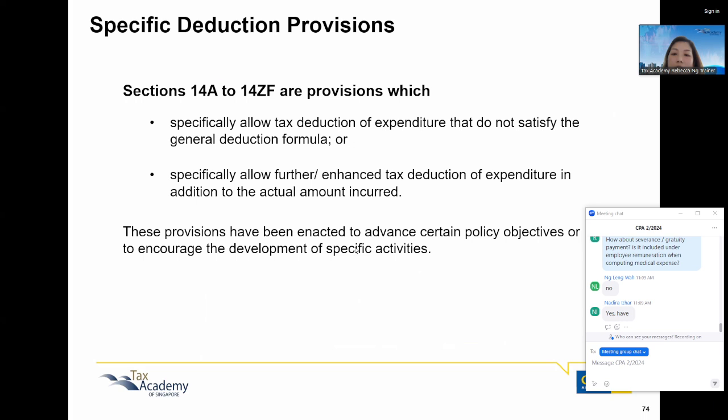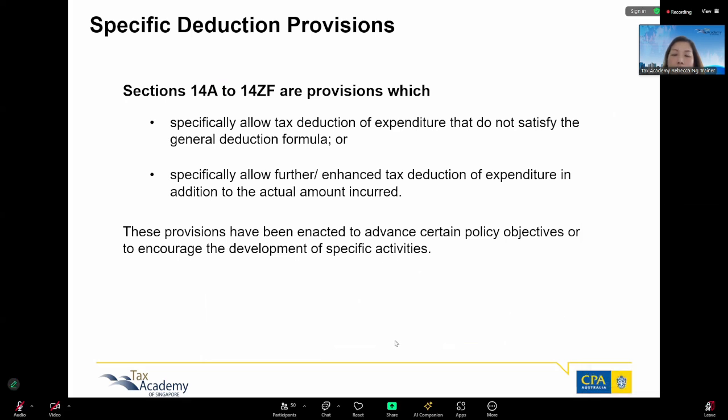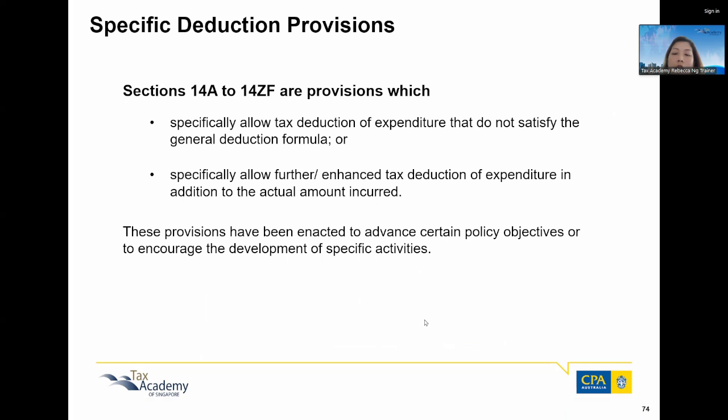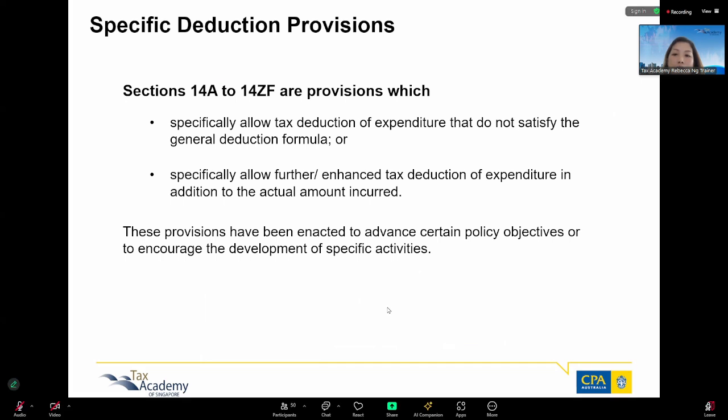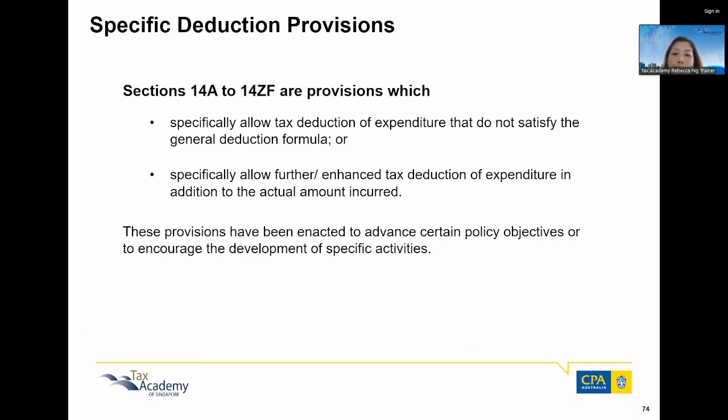So if the expenses for Section 14 capital A to Section 14 capital ZF, let's say the expenses have been included in the P&L, and it has been allowed further deduction, so we will less off that amount that is allowable as provided under the Act.